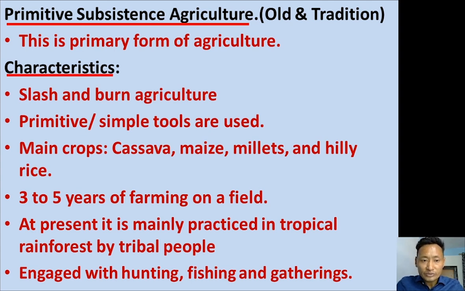Only a few people are practicing this type of agriculture in the tropical rainforest region. Apart from agriculture, these people are also engaged in hunting, fishing and gathering.